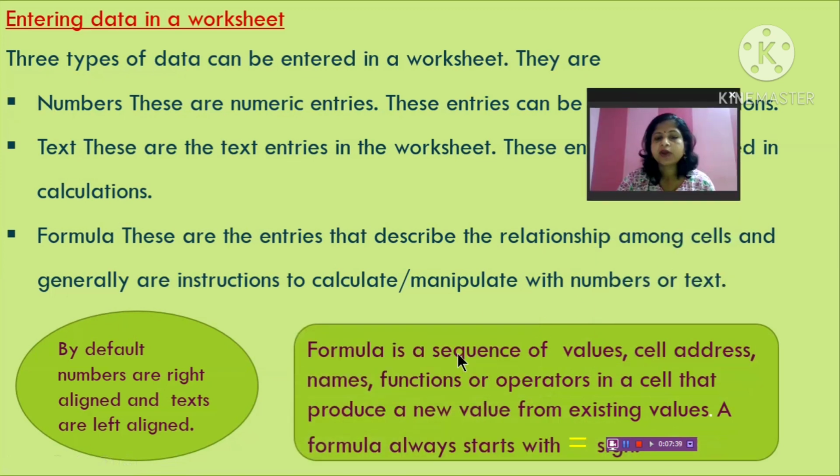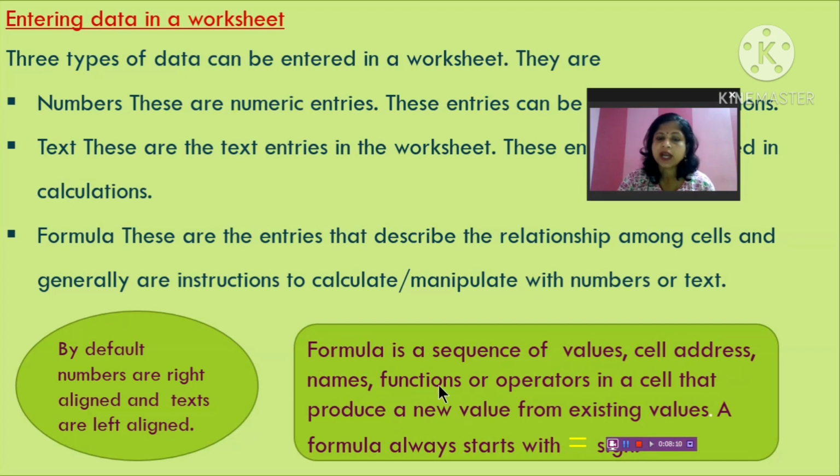Next is your formula. Formula is a sequence of values, cell addresses, names, functions or operators in a cell that produce a new value from existing values. Values means whatever data will enter, that is numeric data, and cell address, names, functions, operators means symbols, plus, minus, equal to. Okay, these are operators in a cell that produce a new value from existing values.